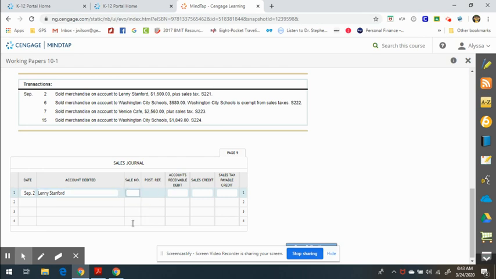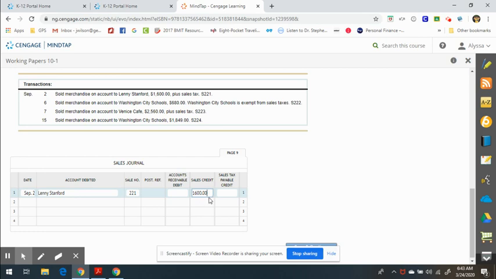Sales invoice number is 221. And the amount of the sale is $1,600. Wait, Mrs. Wilson, why are you putting $1,600 under sales credit?